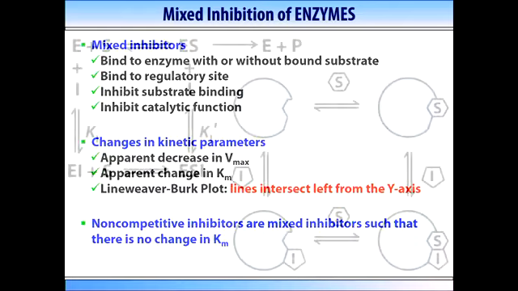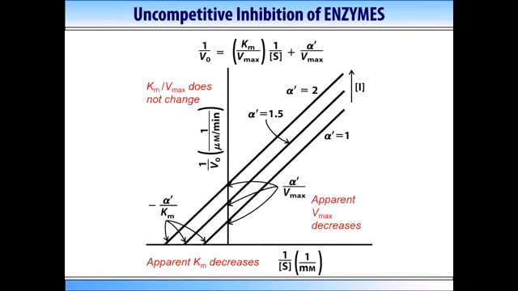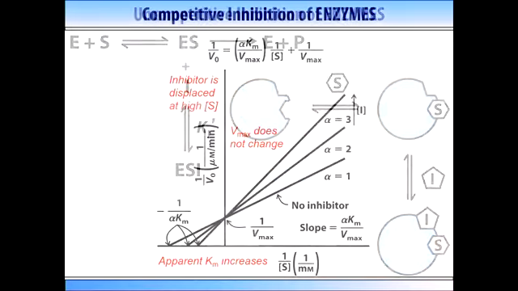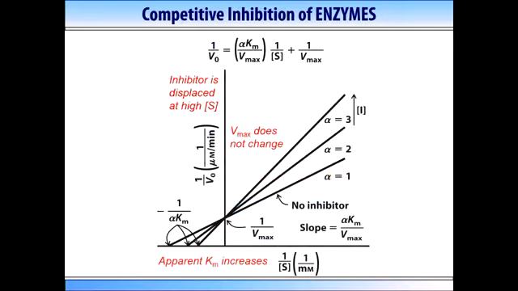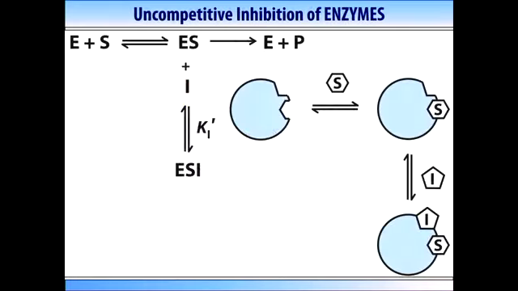However, most or many of the known inhibitors belong to the competitive class. They're easier to find, they're more abundant, and so they're easier to study.